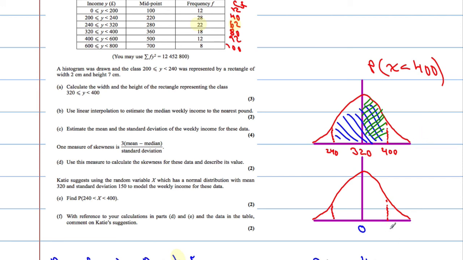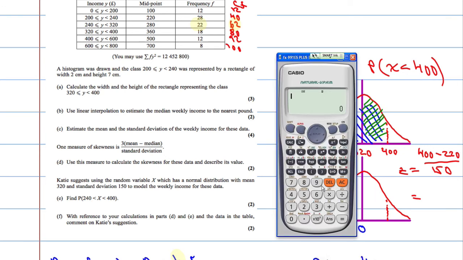So what is this Z value here going to be? Well, Z equals X minus mu over sigma. X is 400. The mean we're told is 320, over the standard deviation, which is 150. Okay, out with the calculator.